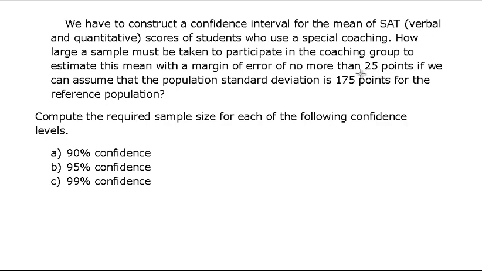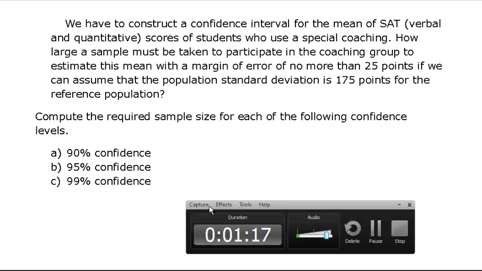Earlier we used to compute the margin of error, but here we have a desired margin of error, the level of accuracy that we want in our calculation. We are given the population standard deviation, and we are given the confidence levels at which they want the answers. So we have the margin of error, the population standard deviation, and the confidence level, and we have to obtain the sample size.